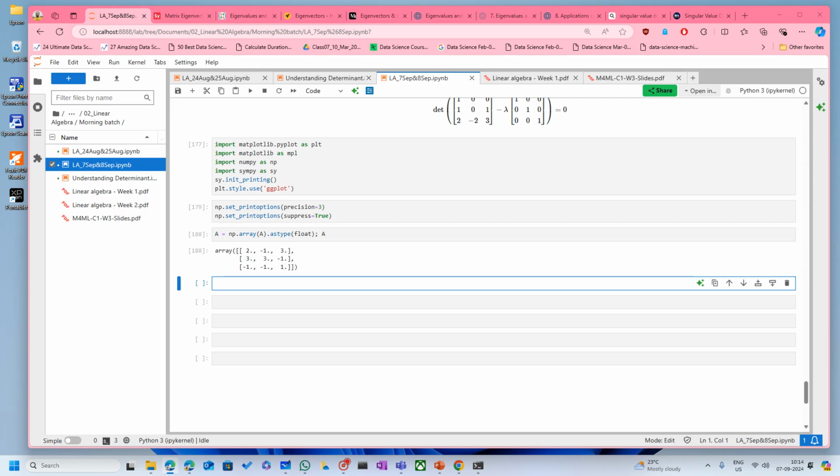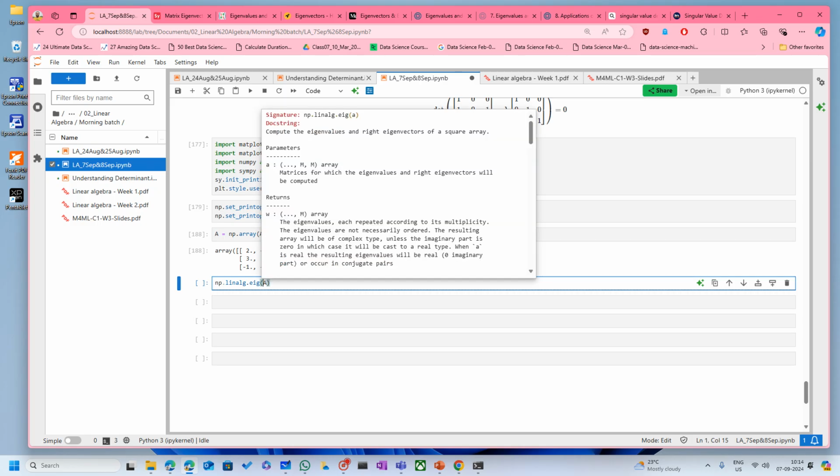I have just generated some random A. For this A, you just have to do np.linalg.eig, and you can pass the matrix.